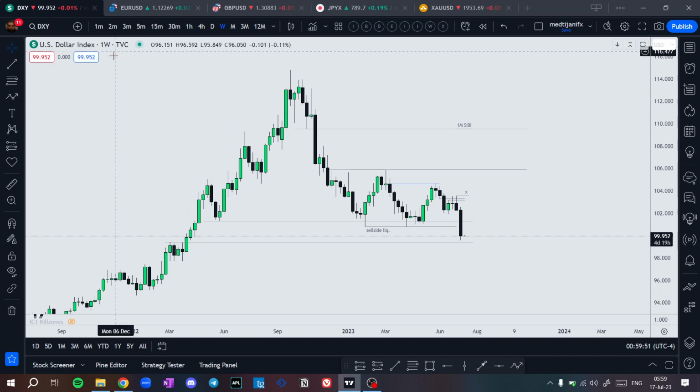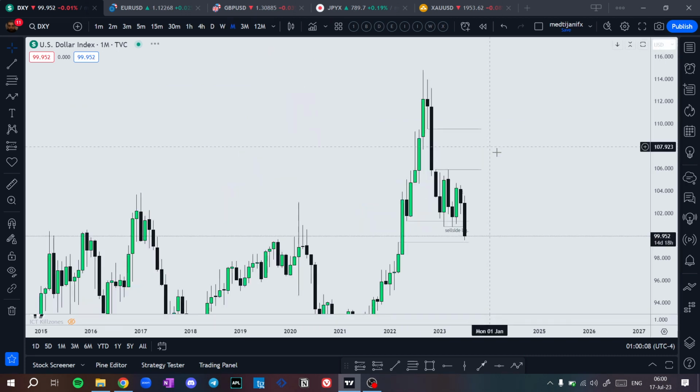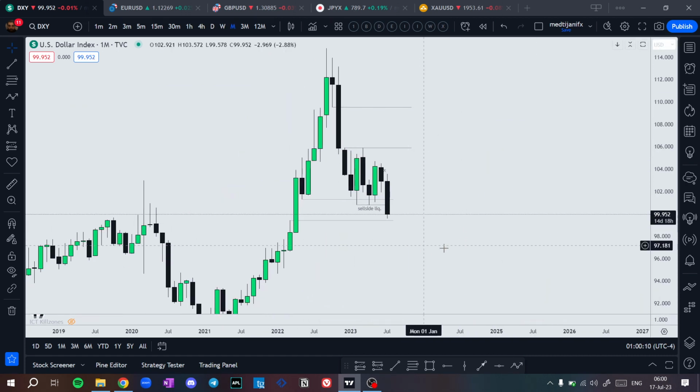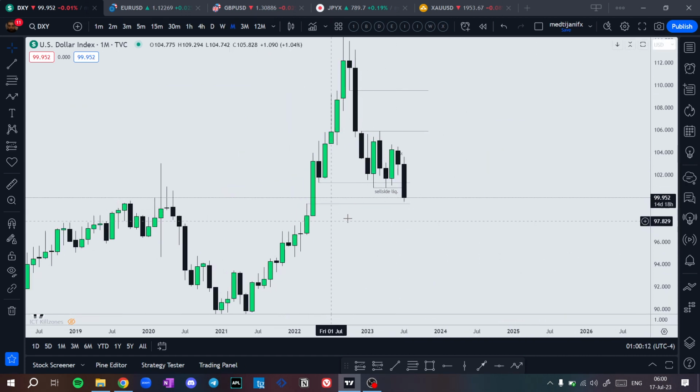We have a US dollar chart on the weekly time frame, right? At the close of every week, we check the weekly time frame to see how the week has closed and what to expect for the next week, for this week, right? We can look at a monthly time frame to see what is the draw on liquidity on the monthly time frame.